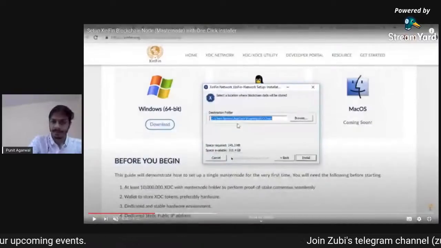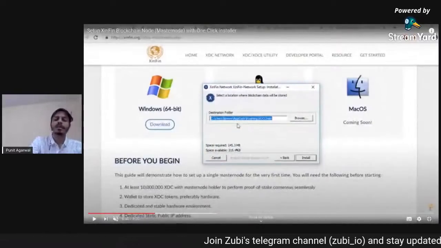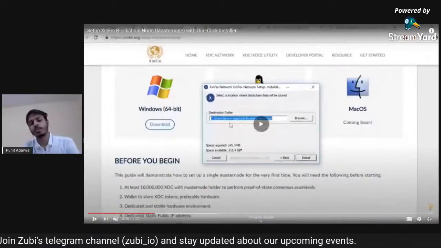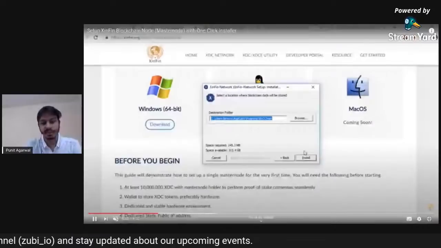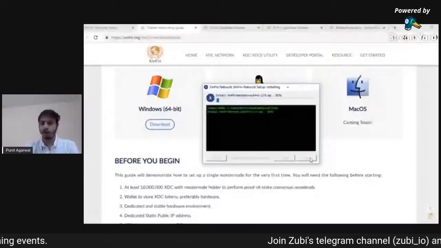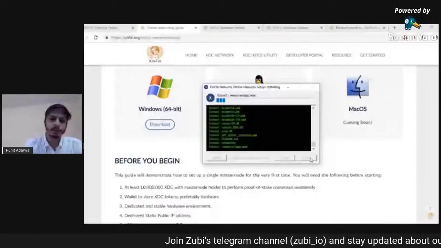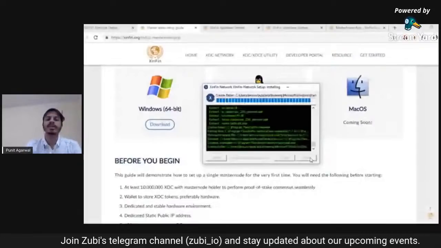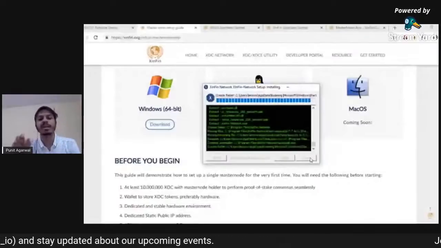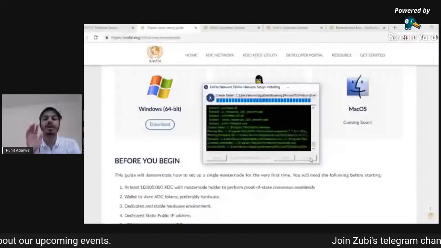This is the minimum space required, and during this demo the space can actually vary, and you will see the application being installed. This would take around 3 to 4 minutes depending on the net speed. You don't have to do anything. Within one click, you have actually set up a node on the Zenfin blockchain.